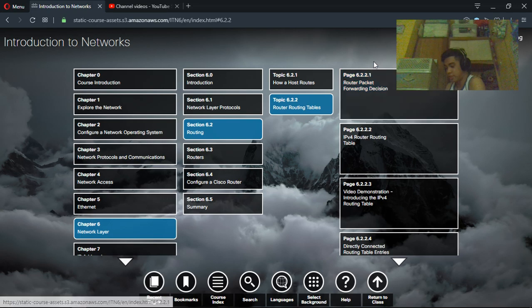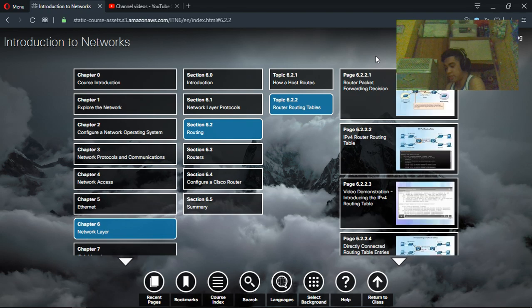And the routing table, it's not like a MAC address table, but there's a difference.